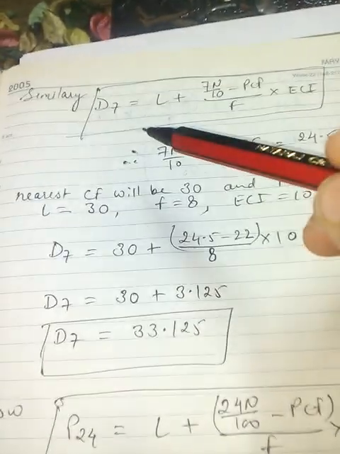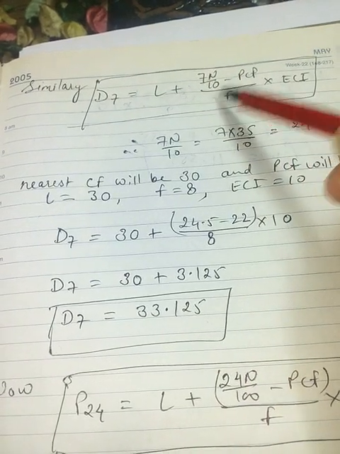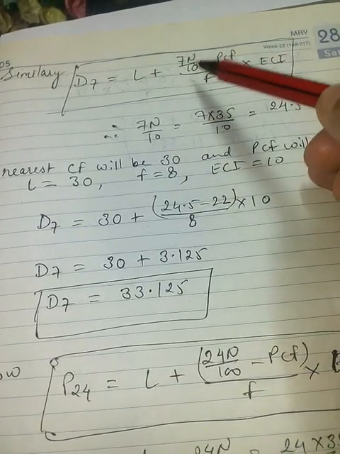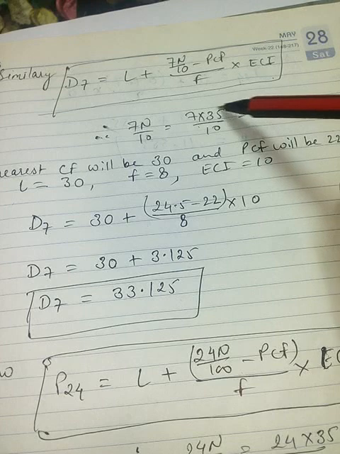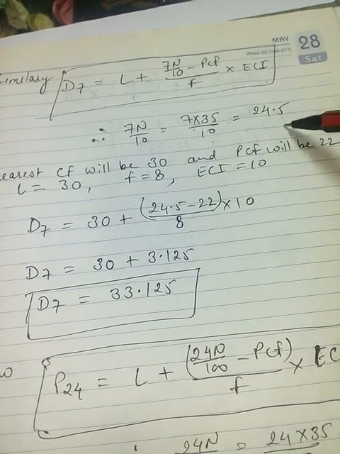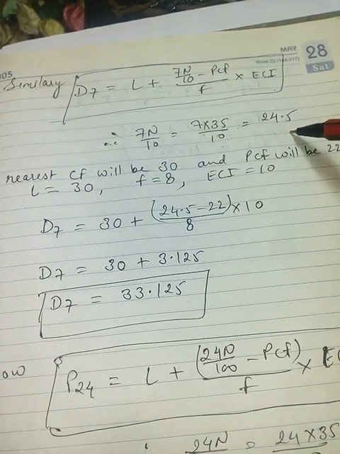Now similarly, I am going to calculate the 7th decile, and the formula will be L plus 7n by 10 minus PCF upon F into ECI. First we will calculate 7n by 10. So 7 into 35, the total frequency n, divided by 10, will be 24.5.